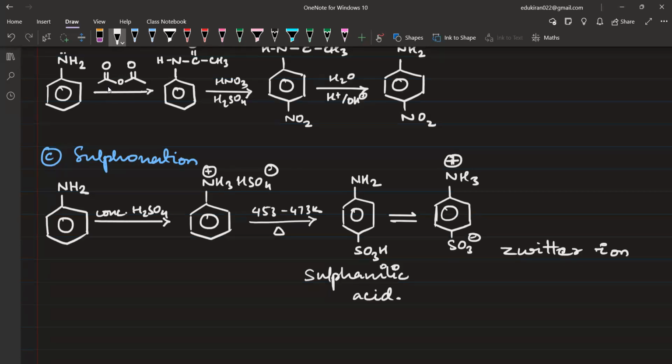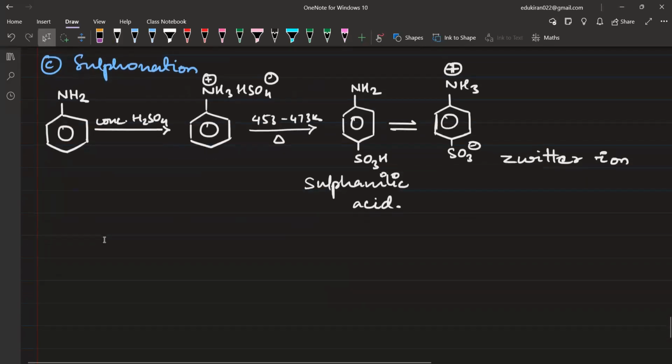Now there is a small note that we have to write, that aniline does not show Friedel-Crafts reaction, and why it does not show. So please write a note.